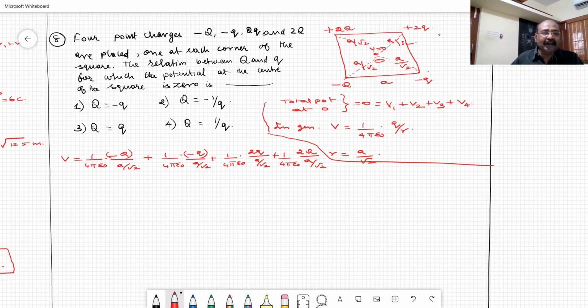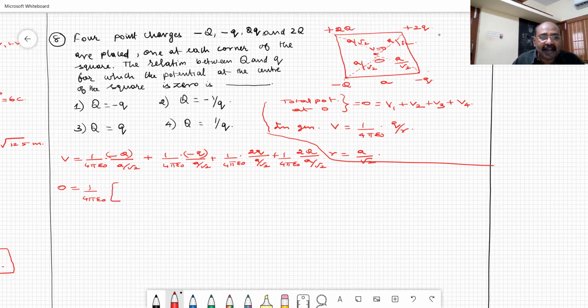Now you simplify this. How can you simplify? 0 equal to, because the sum of all these potentials is 0. Now I am taking the capital Q to one side and small q to the other. I am grouping 1 divided by 4 pi epsilon 0 as common.